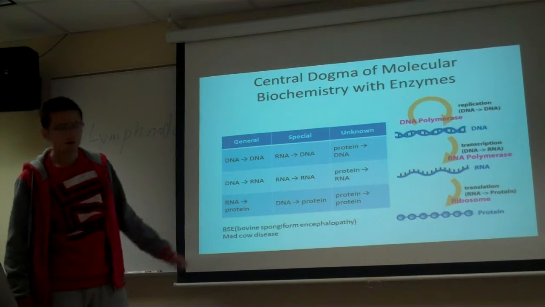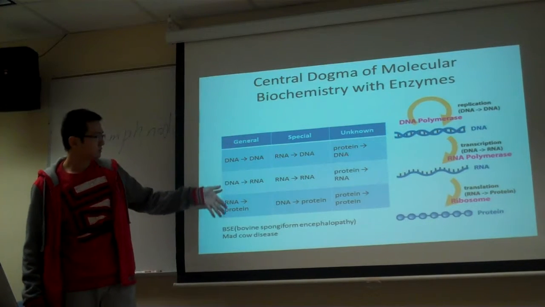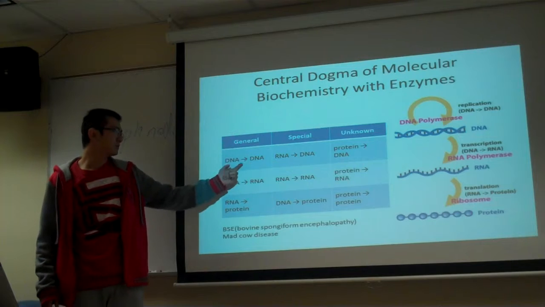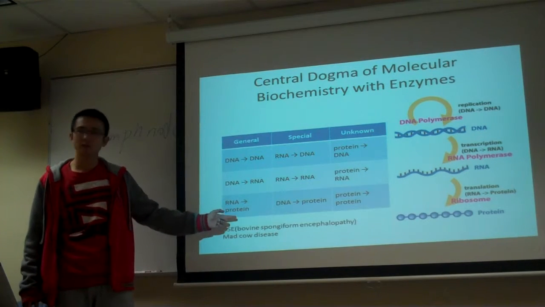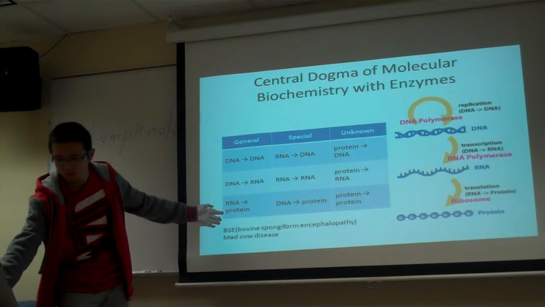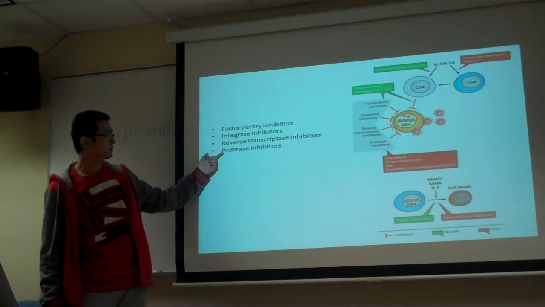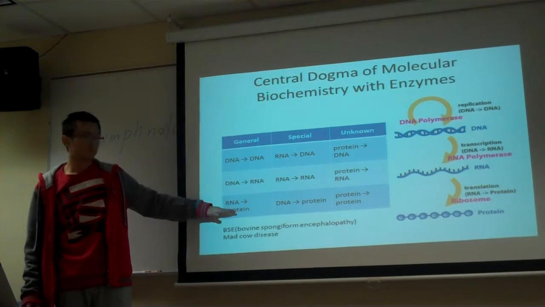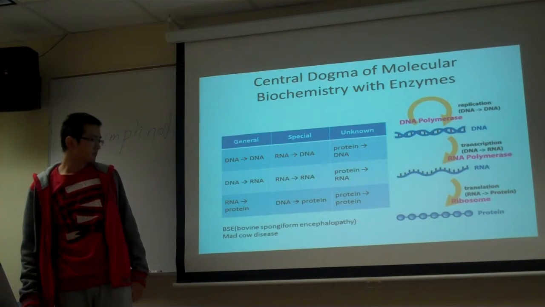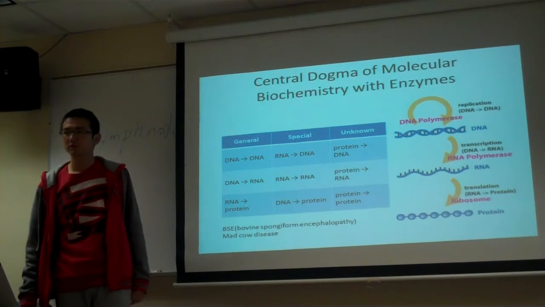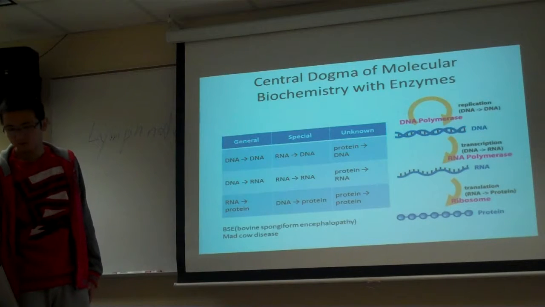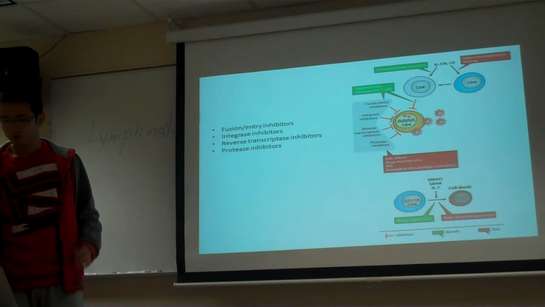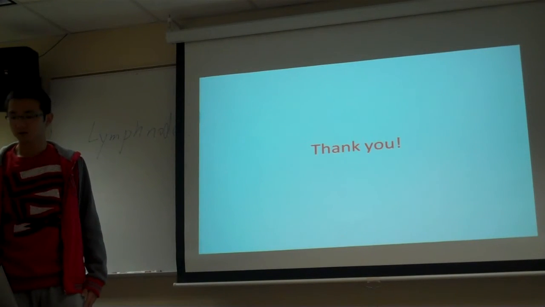Even for HIV, they will go through the general path from DNA to RNA and RNA to protein, and protease inhibitors will stop this path from RNA to protein. So these are the 4 possible ways to cure AIDS. That's all. Thanks.